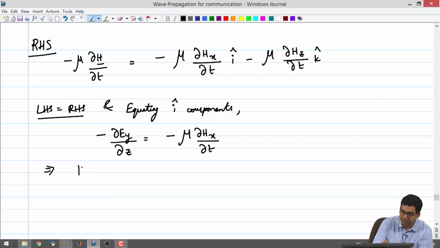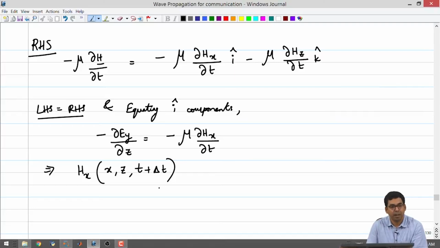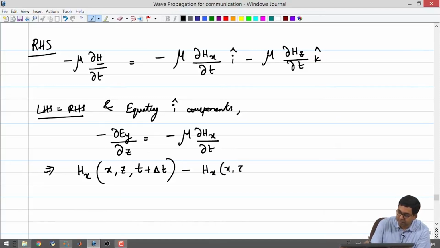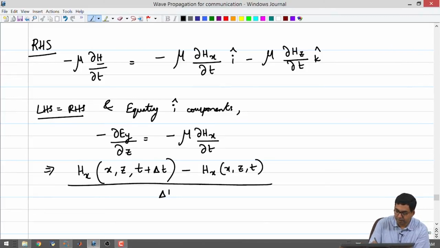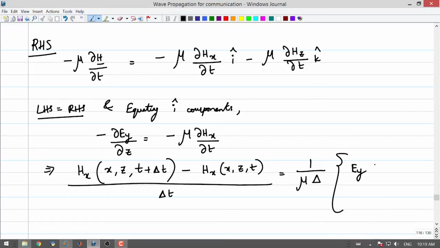So, this I will be having as Hx, which is a function of x, z and the future: Hx of x, z, t plus delta t minus Hx of x, z, t, divided by delta t, can be written as 1 by mu times delta z, but delta z in our simulation is denoted by simply variable delta, which is going to be equal to delta x or delta z, and then we use a difference for the electric field.